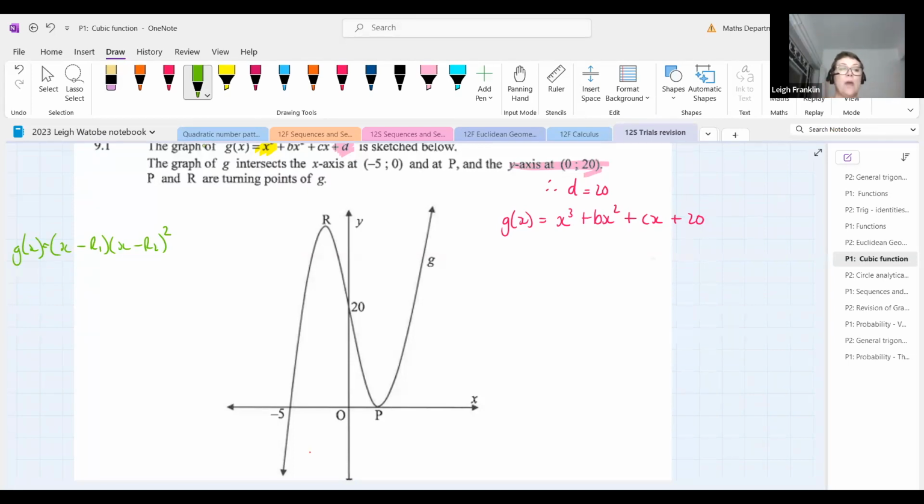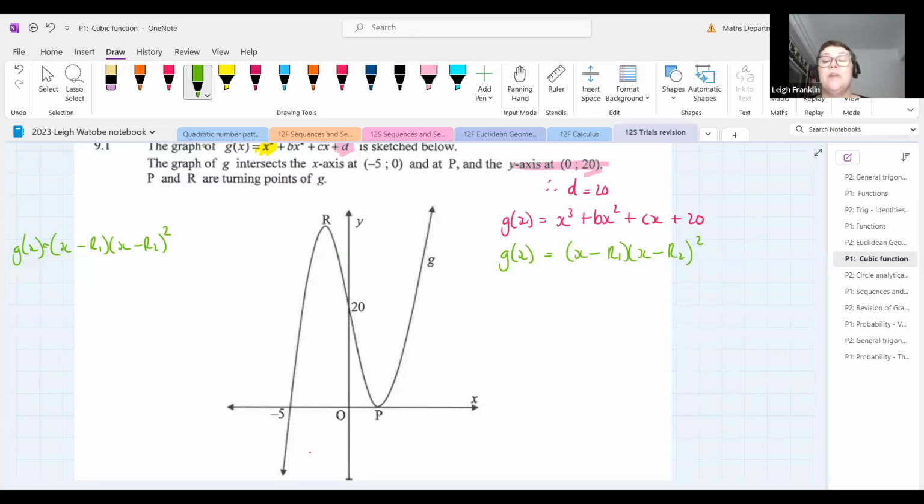So what we've got here is g of x equals x minus root 1, x minus root 2, and the bracket x minus root 2 is squared because that point P is an x-intercept and it is a turning point. So let's think about the information that they have given us that we can now go and sub in, now that we've got the equation of the cubic correct.